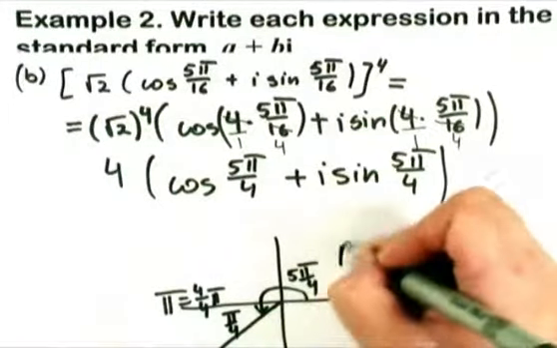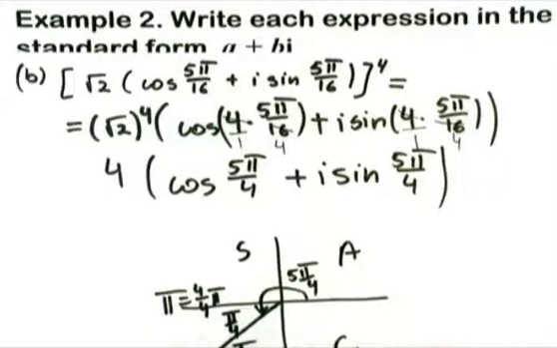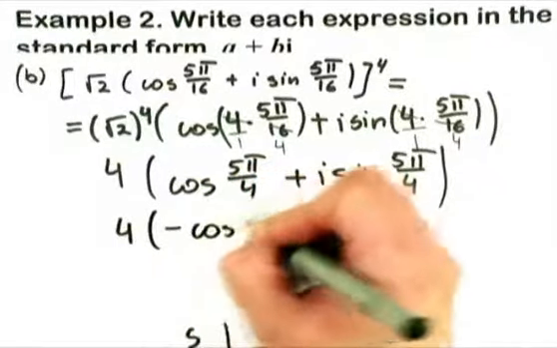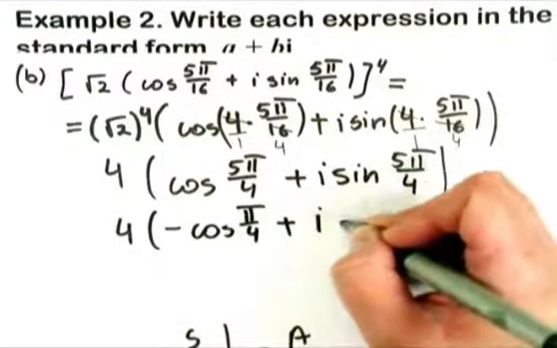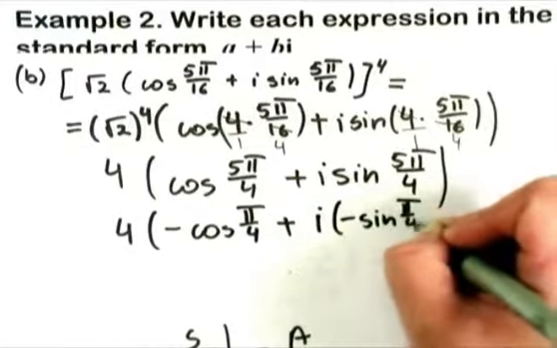So we have add sugar to coffee. In this one, only tangent is positive. Both of them are, one more time, negatives. So it's pi over 4. So we have 4 times minus cos pi over 4 plus I times minus sine pi over 4.